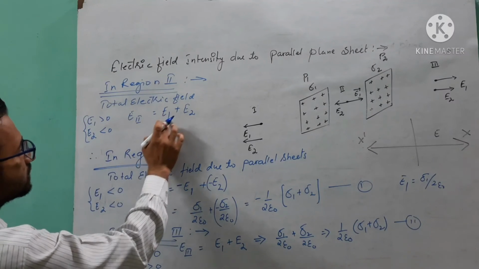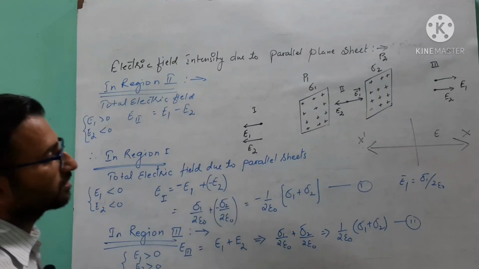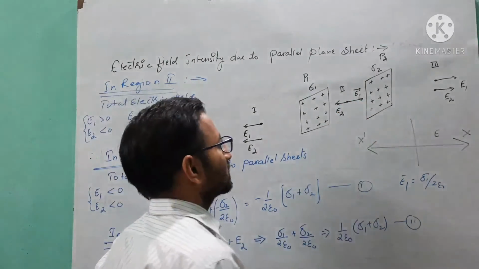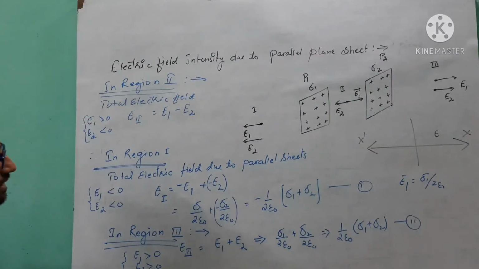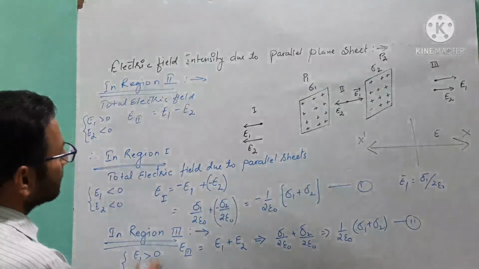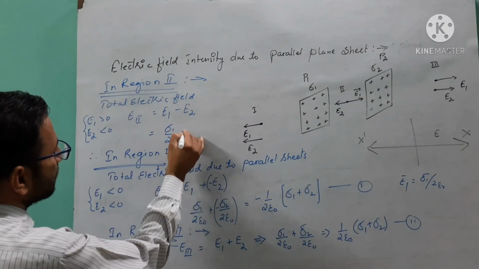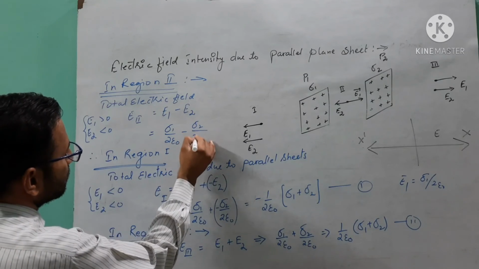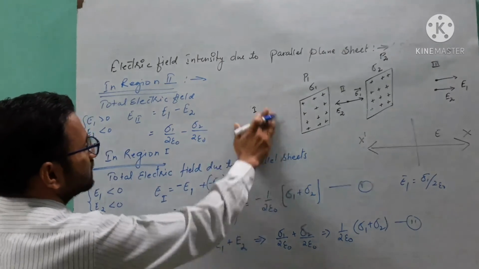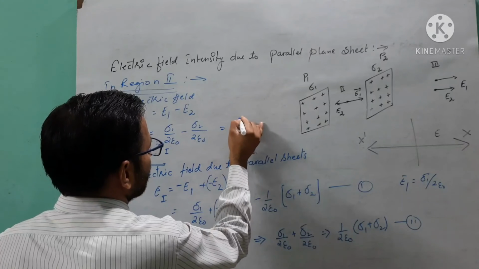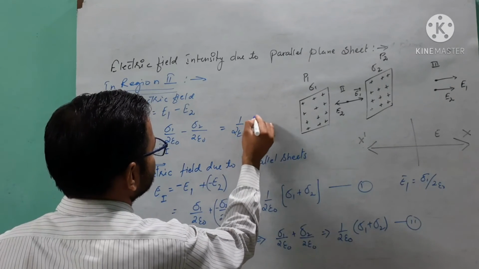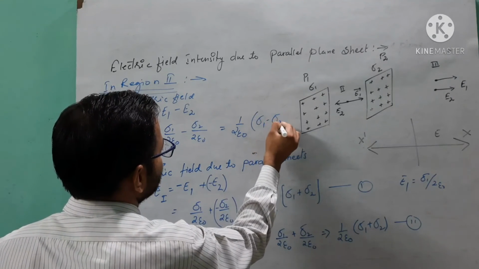So E1 is positive, E2 is negative, because we have considered the direction of E1, E2, where it is positive and where it is negative. So finally sigma 1 over 2 epsilon naught minus sigma 2 over 2 epsilon naught gives us the value 1 over 2 epsilon naught times (sigma 1 minus sigma 2).